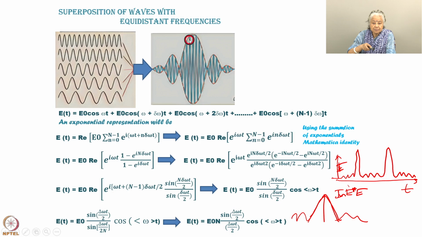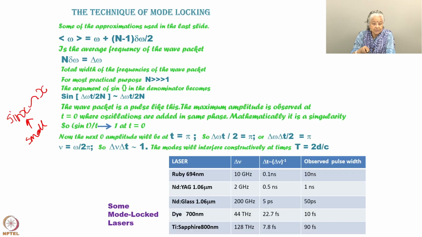Here you get the maximum, where all the waves are in phase. This may be slightly out of phase, but then the center one is all in phase. This happens at t equal to 0, at exactly that center time. That is what I have just written here.